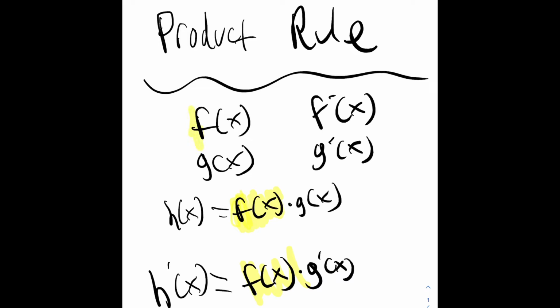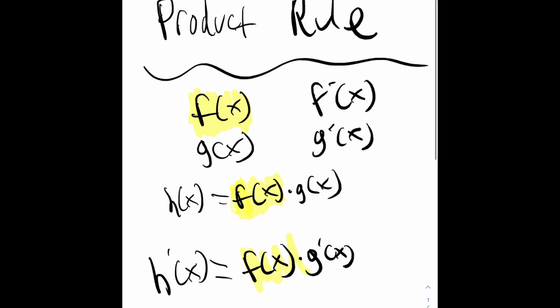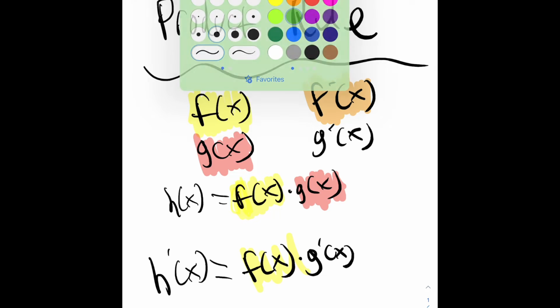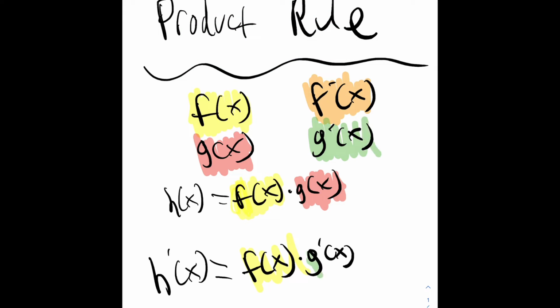If we give each of these a color, let's call this one orange, this one red, this one red too, and this one green. So I'm going to take the original f of x, multiply by the derivative of g of x, then I'm going to add the second times the derivative of the first.